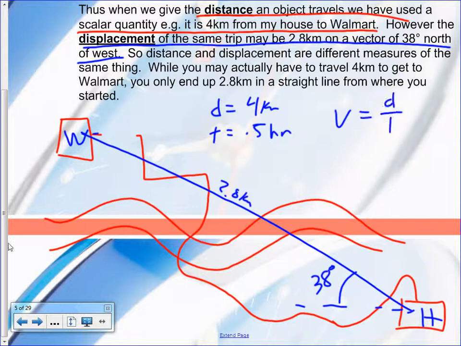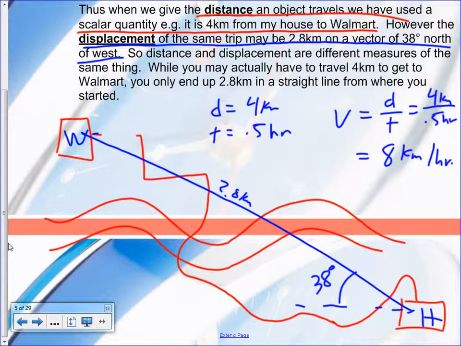Speed equals distance over time. If I go 4 kilometers divided by half an hour, I should get 8 kilometers per hour. Agreed? If I walked 4 kilometers in half an hour, I'd walk 8 kilometers in an hour. So my speed is 8 kilometers per hour.